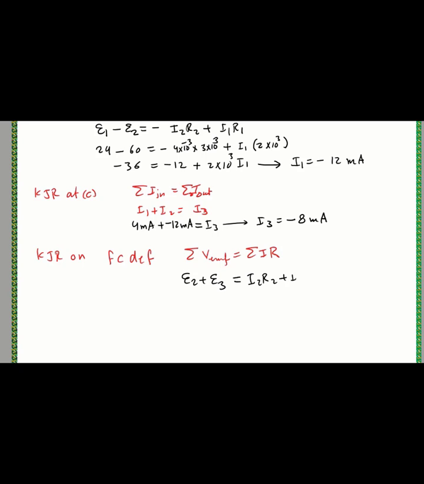I2R2 plus I3R3. Epsilon 2 is 60 plus epsilon 3 is unknown.